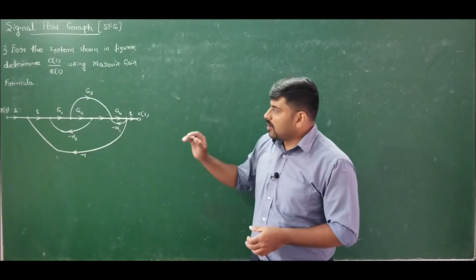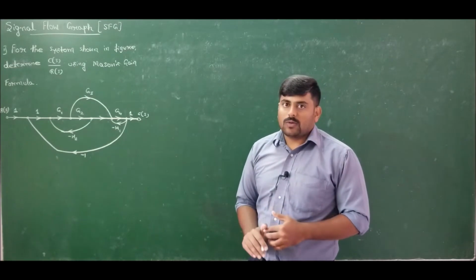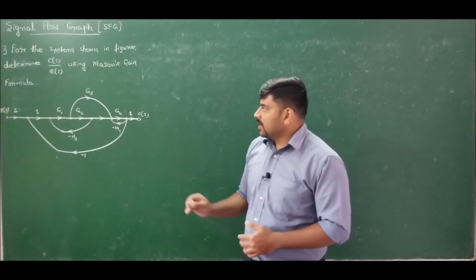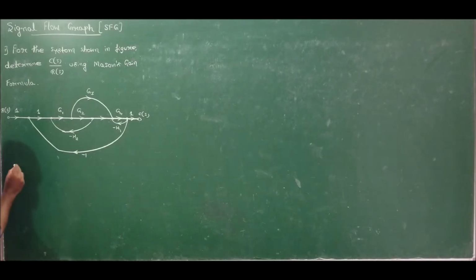Let us solve problem number 1, thereby you will get better understanding on Mason's gain formula to determine overall transfer function. So in step 1, determine how many number of forward paths are there, that is find the value of k.